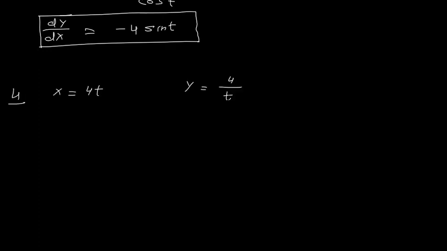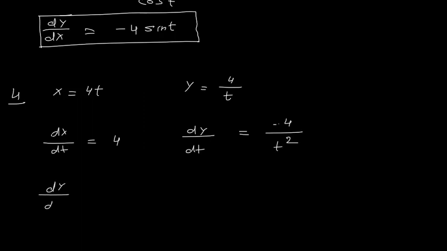Here the fourth question is x is equals to 4t and y is equals to 4 upon t. So dx upon dt, we get 4, and dy upon dt, derivative of 1 upon t is minus 1 upon t square. So it is minus 4 upon t square. So therefore by chain rule, I can say that dy upon dx is dy upon dt whole divided by dx upon dt.